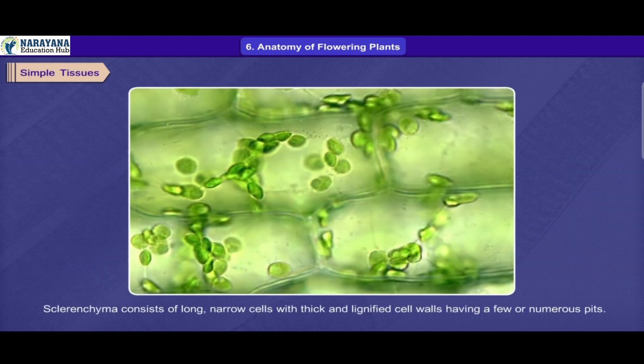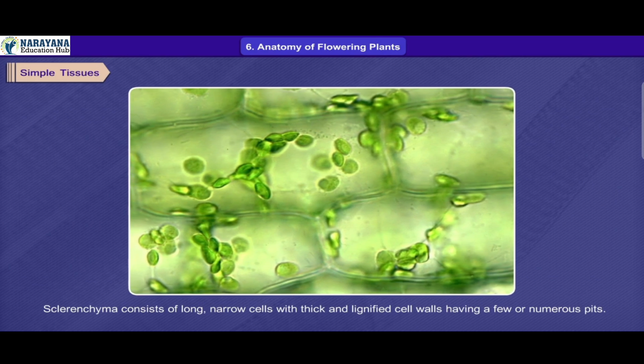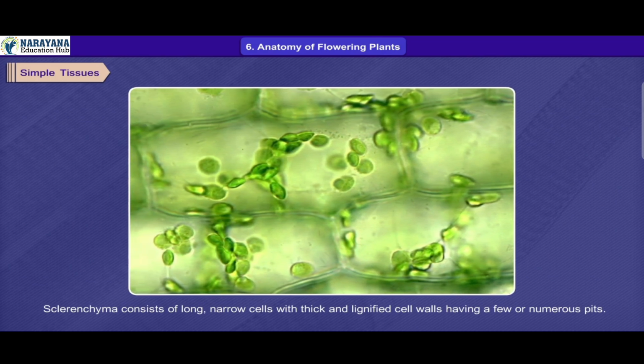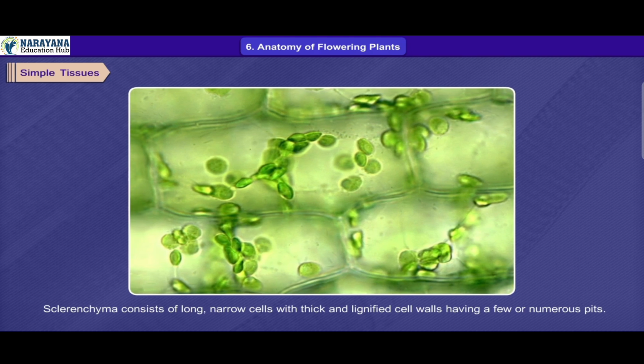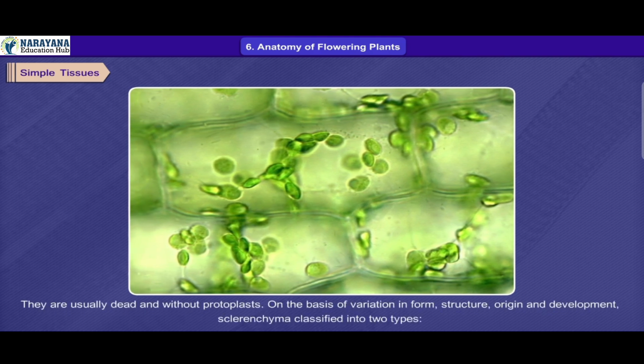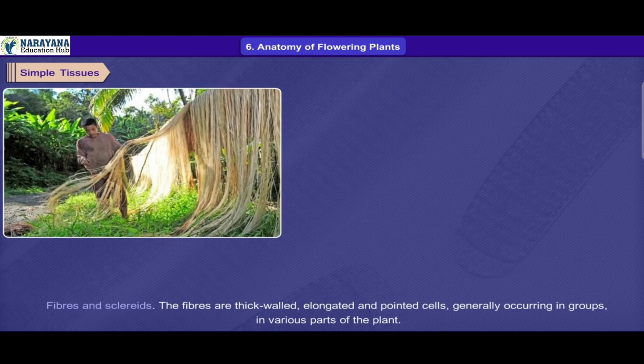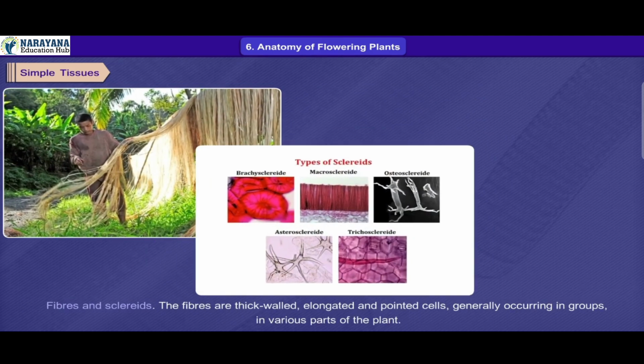Sclerenchyma consists of long, narrow cells with thick and lignified cell walls, having a few or numerous pits. They are usually dead and without protoplasts. On the basis of variation in form, structure, origin, and development, sclerenchyma is classified into two types: fibers and sclereids.